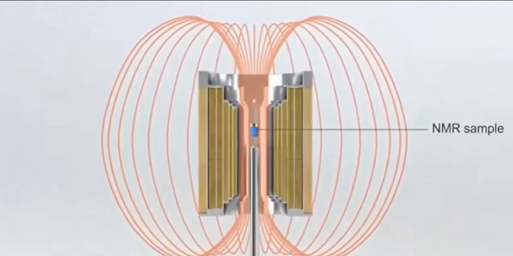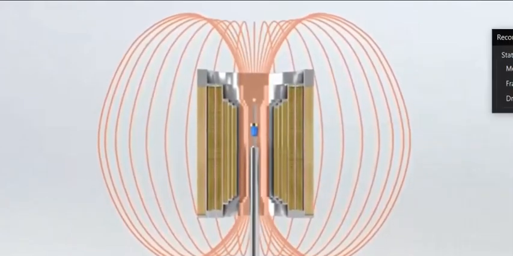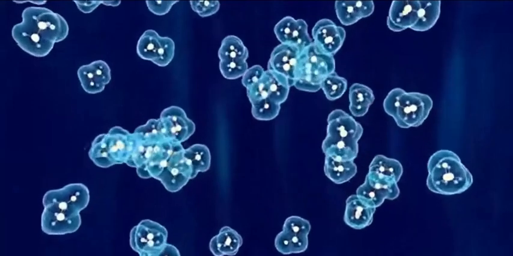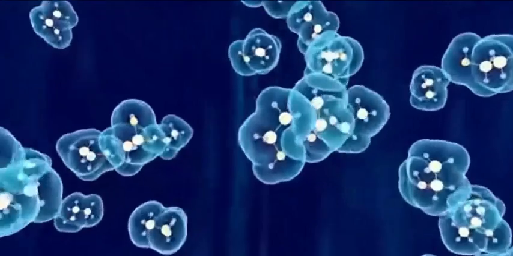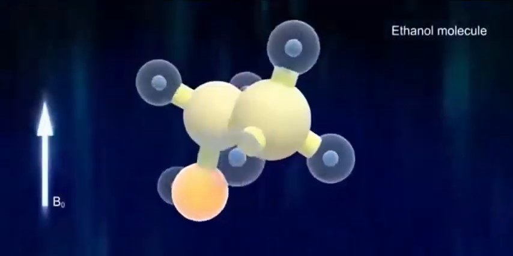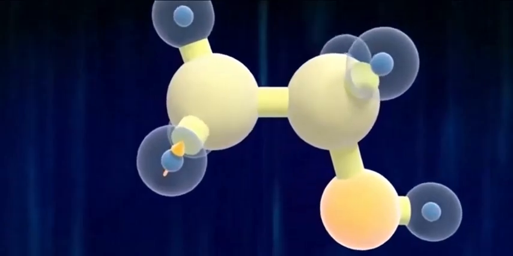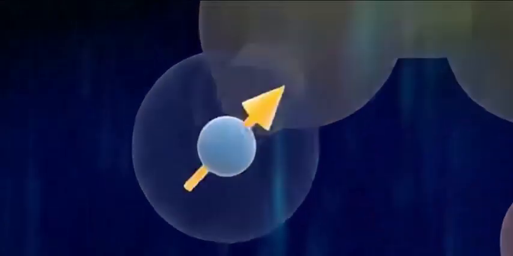The sample to be recorded is placed between two heavy bar magnets. The protons behave as teeny, microscopic magnets which are in motion. This is known as precession motion.